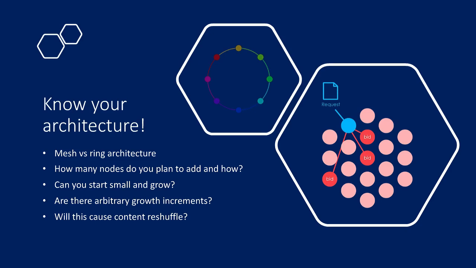With a mesh-based architecture, a new place to store things, a mesh-based architecture that uses a dynamic bidding algorithm will sort of migrate some old stuff over to the new node over time. It will also dynamically tend to send new requests, new writes, to the new node once it becomes available.